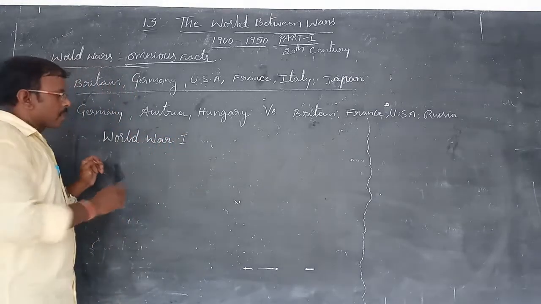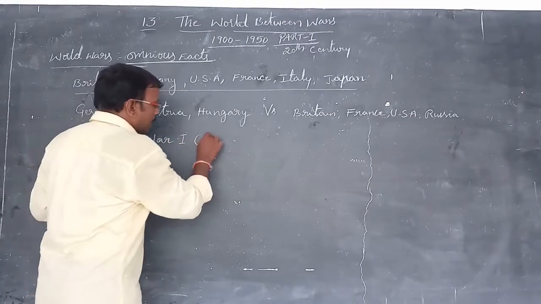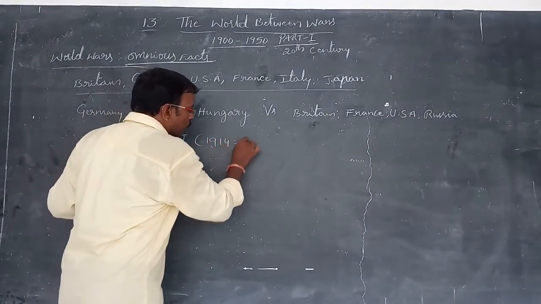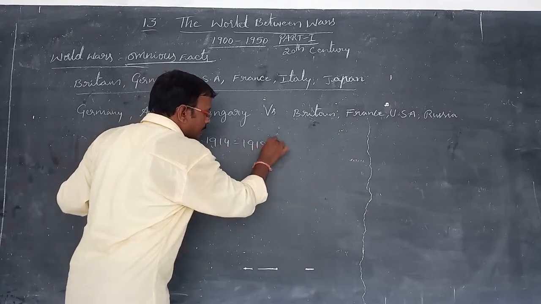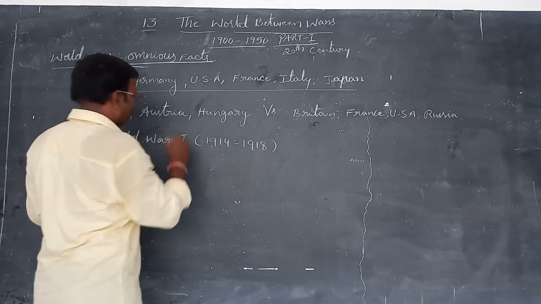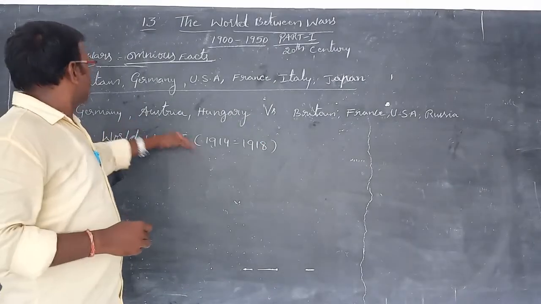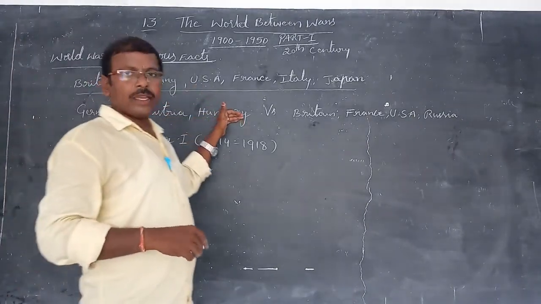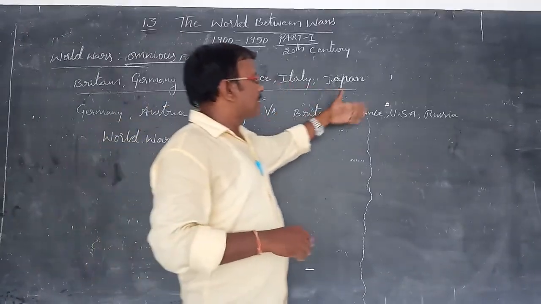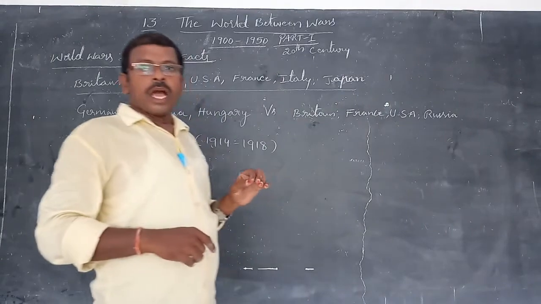World War One started in 1914 and lasted until 1918. In it, Germany, Austria, Hungary were on one side, and Britain, France, USA on the other side.